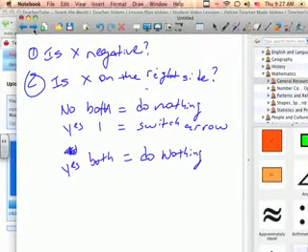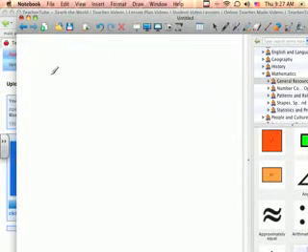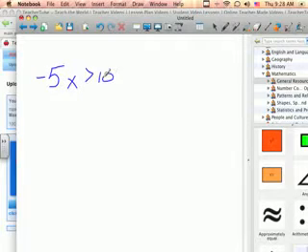So let's actually look at a couple of examples. Let's just say you had negative 5x is more than 10. So question 1, is x negative? Yes. Question 2, is x on the right? No. Okay, I said yes to one of the 2 questions.